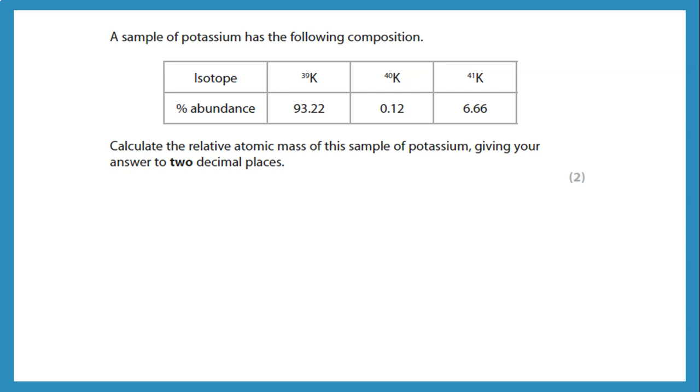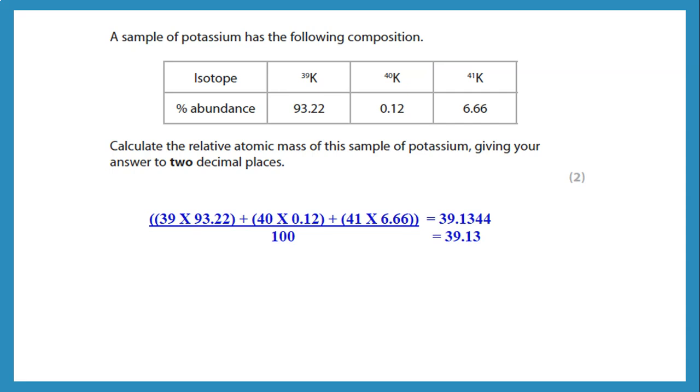So here he's asking for the relative atomic mass to 2 decimal places. Again, we have the mass number times its abundance, plus mass number times its abundance, plus mass number times abundance, over 100. If you get an answer of 39.1344, I do not leave it like that because he wants it only to 2 decimal places.